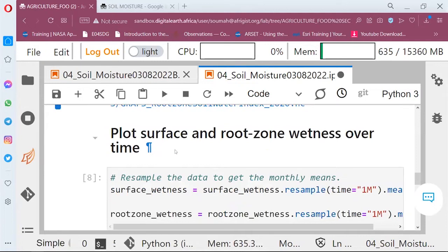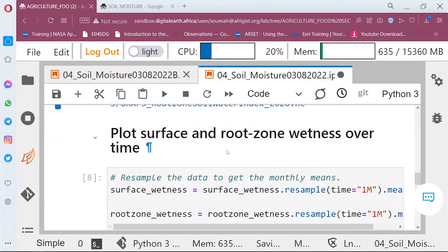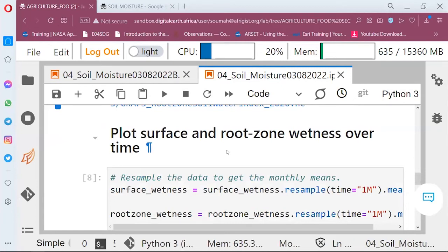We now need to plot the surface and root zone wetness over time, because those elements are determinant in the behavior of the plant. Based on what is outside, in the air above the ground, the plant is subject to wind, sun, and other atmospheric elements that have an impact on the evapotranspiration.